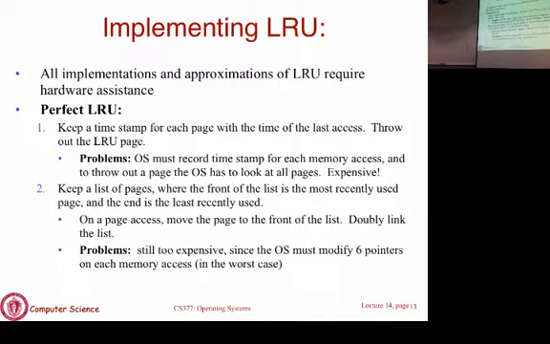Yes, because the linked list has to be kept somewhere. It is going to be kept in the kernel address space, in the process control block. In fact, it is going to be significantly worse than the timestamp because you are manipulating pointers in a linked list. If you know anything about a doubly linked list, you will know that you have to update 4 pointers every time you move an entry. That's 4 memory accesses. There are 4 pointers that have to be changed, right?